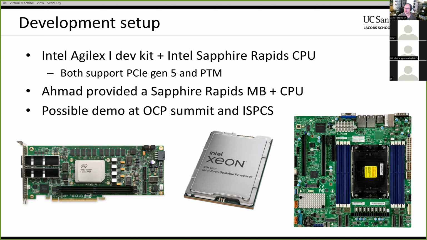Previously, I had requested and eventually received an Agilex I-series dev kit from Intel. So I now have all of the pieces needed to make this work, at least from a hardware perspective. Now the only thing I need is some time to actually sit down and hammer it all out.